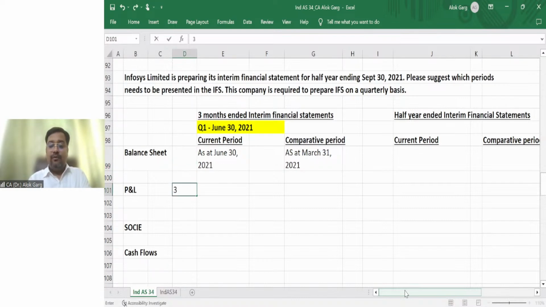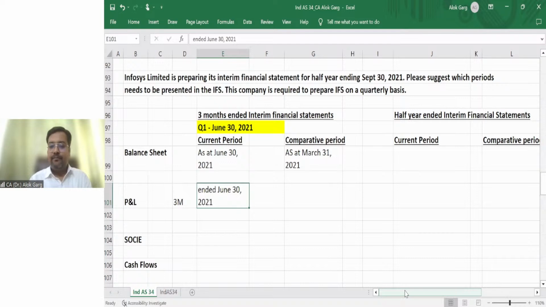P&L will be for the 3 months ended June 30, 2021, that is for quarter one. What is the comparative period? Sir, the balance sheet you have taken as the last annual audited balance sheet of March. But what about P&L?